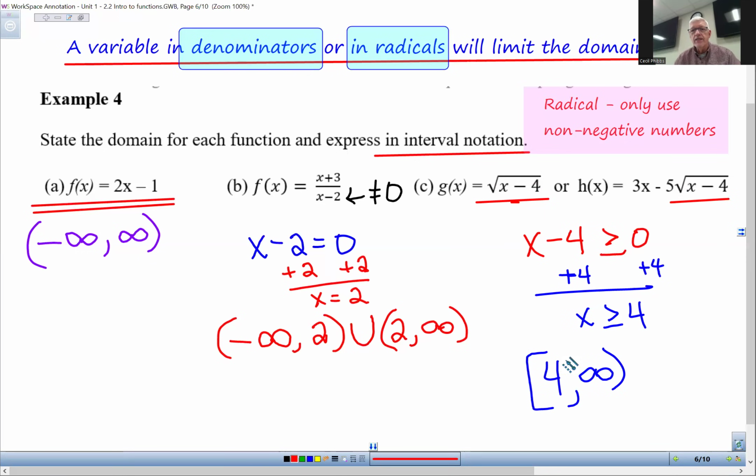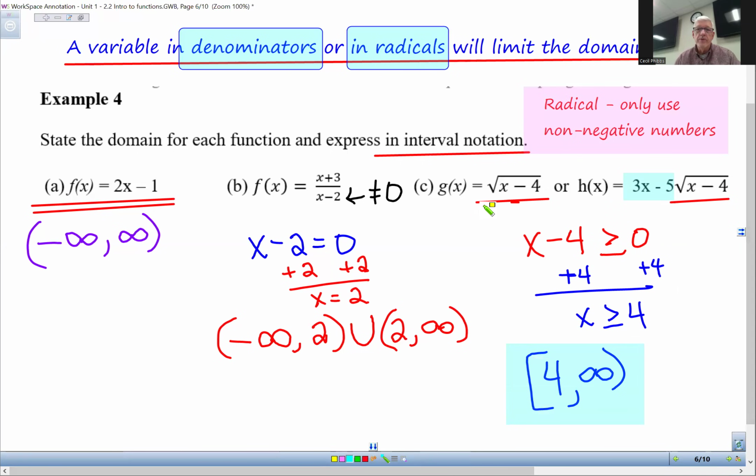So as long as x is 4 or greater, for this one here, we get a non-negative value. For this one over here, we would also get a non-negative value. So the 3x and the minus 5 have no effect on our domain, and we're not going to worry about those. Both of these functions have the exact same domain of all values greater than or equal to 4.